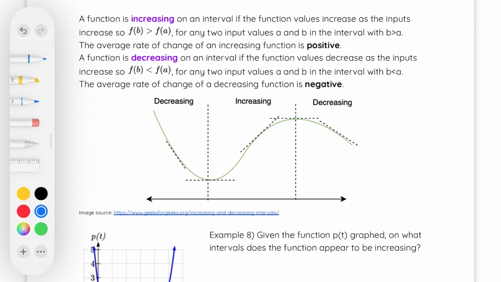Switching gears a little bit, it's important to discuss where our graphs are increasing and decreasing, which will help us identify some pieces coming up in subsequent sections. So a function is increasing if, as the inputs are increasing, the y outputs are also increasing.